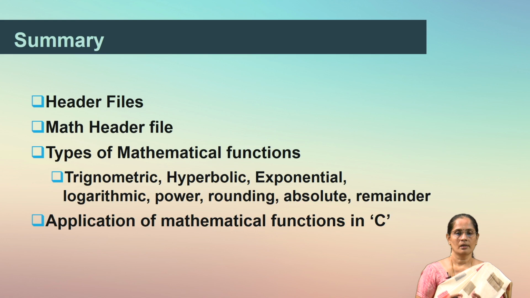On learning all these mathematical functions and how they can be applied using a C program, we have now learnt how a scientific application can be brought into a C program. It is an interesting session to learn about the mathematical functions, and I hope you have understood the mathematical functions and how they can be applied in a C program.